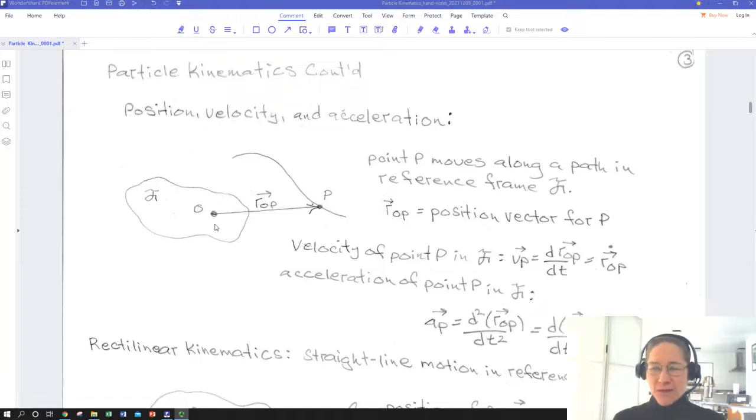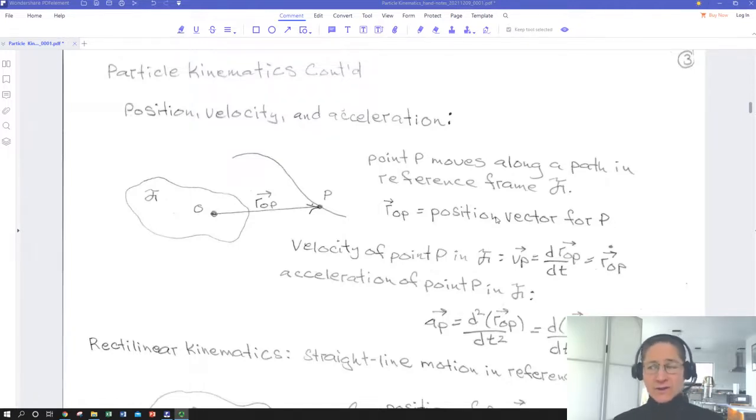If we can define a reference frame somewhere in space, reference frame with a script F, and we've got some point O in that reference frame that defines the origin of the reference system, we can draw a position vector from O to point P, call that a radius vector OP, that will define the position relative to the reference frame, point O. So we can say, okay, what is the position vector for P?